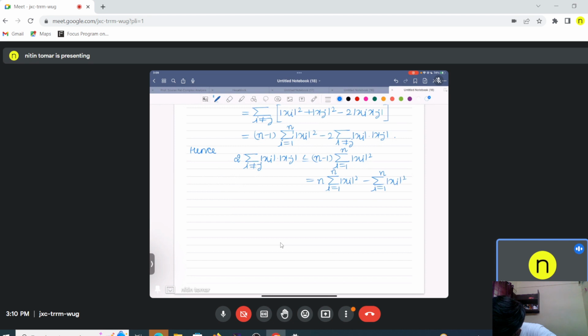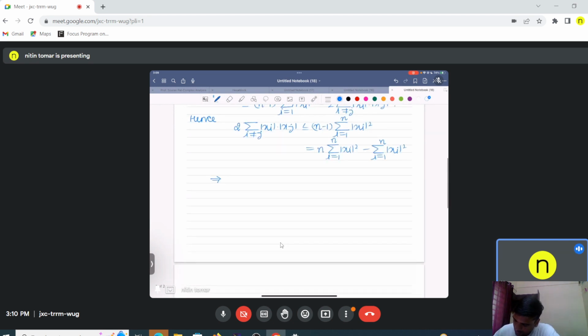Now you take the minus summation of mod xi square to the left hand side, and what you will get is the following: the summation of mod xi square plus the summation of mod xi mod xj, i not equal to j, is less than or equal to n times the summation of mod xi square.